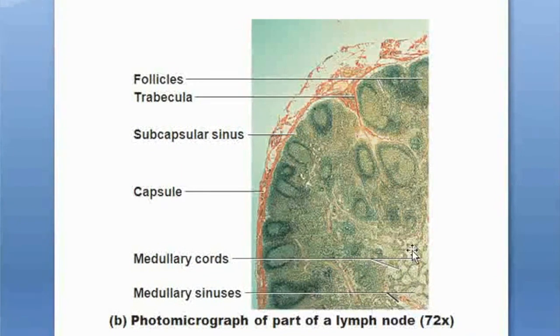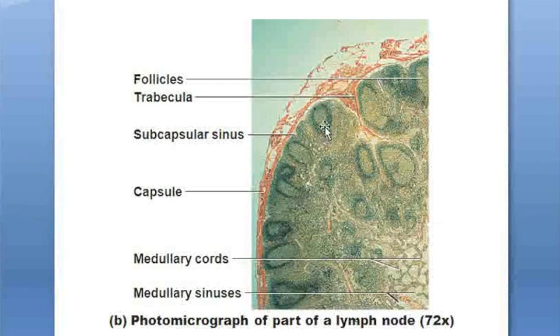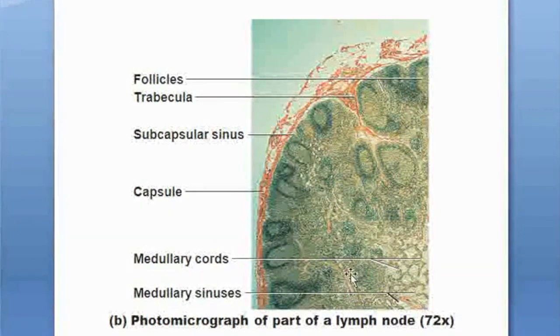That's where the macrophages hang out. They hang out in the open spaces, and they phagocytize material. The T cells love to hang out in these deeper areas of the cortex down here. So we kind of have B cells in their germinal centers, T cells through the deep part of the cortex, and macrophages in the sinuses.